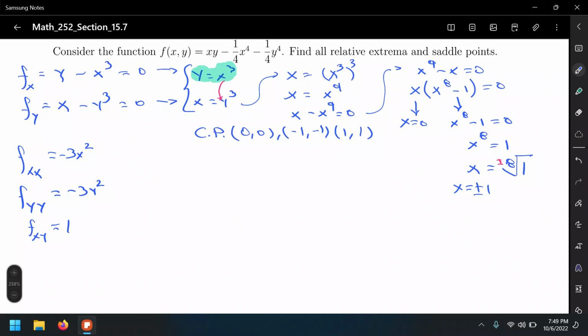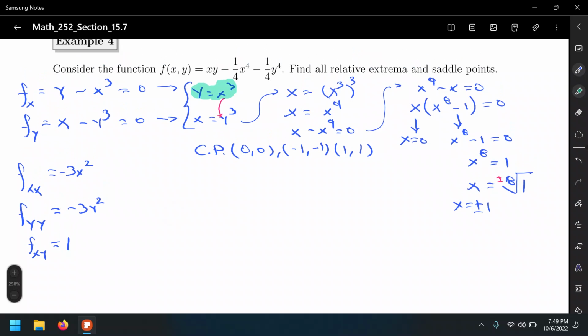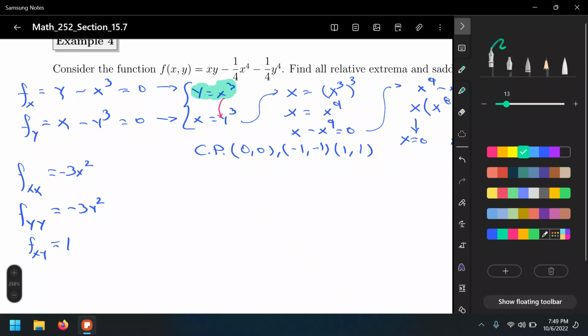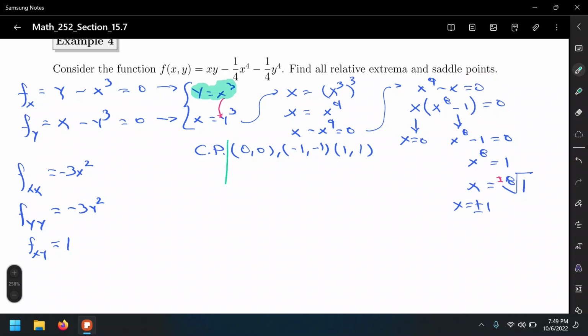Alright, so we're ready to create the table here. So for this table, critical point, fxx, fyy, fxy.